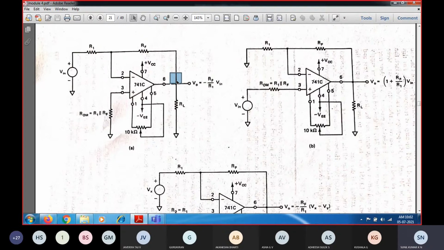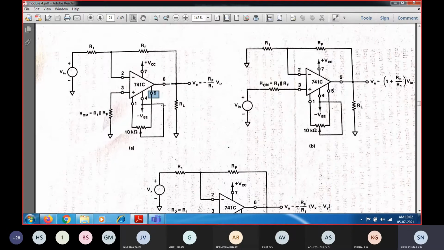So by however much that bias voltage has increased, you have to reduce it. If the output voltage is positive, to get back to 0 you need to reduce the output voltage, so we use the offset nulling terminals provided by the manufacturer.